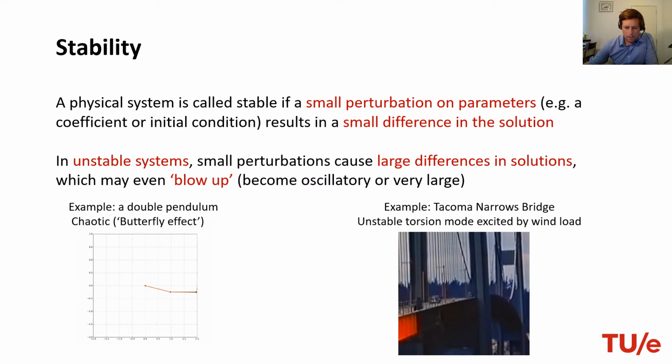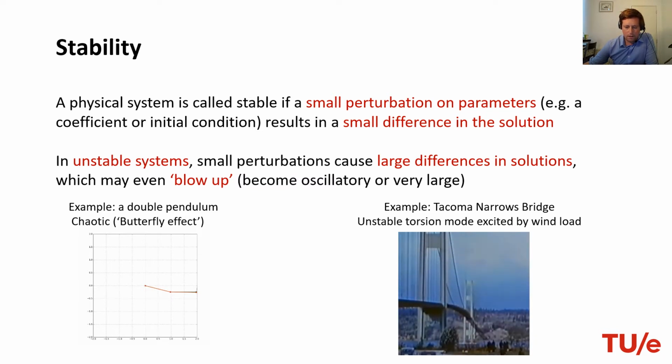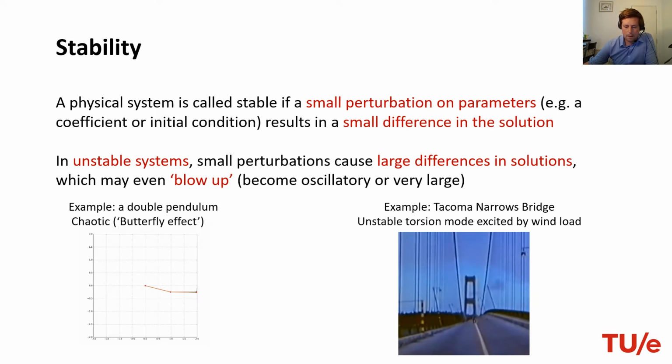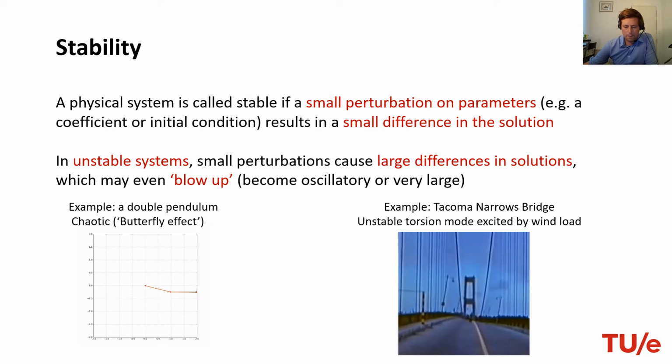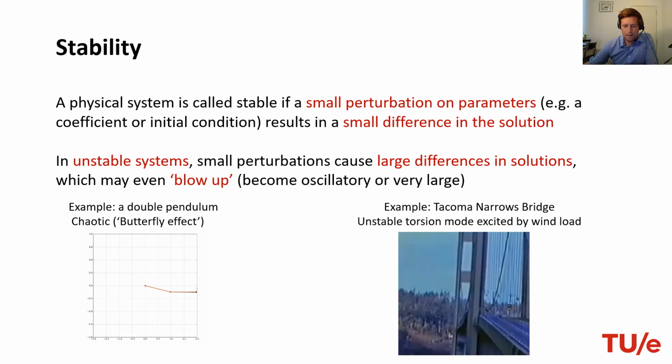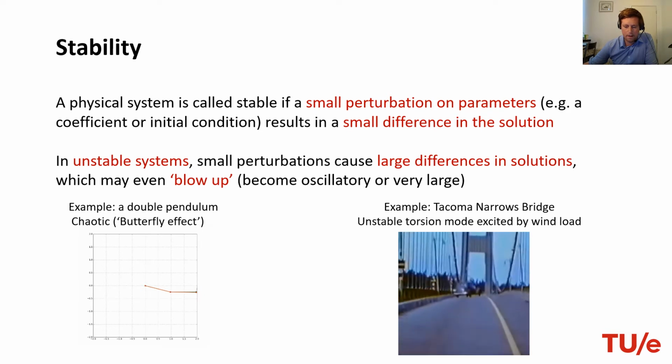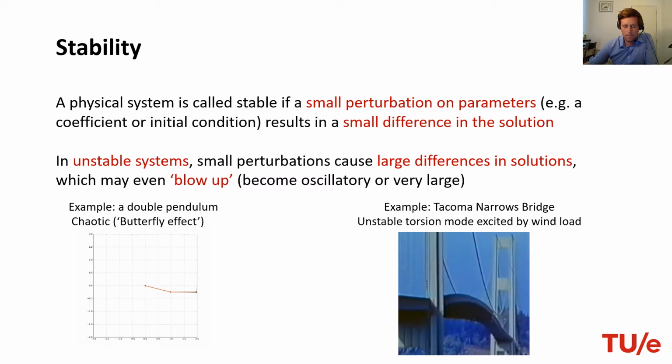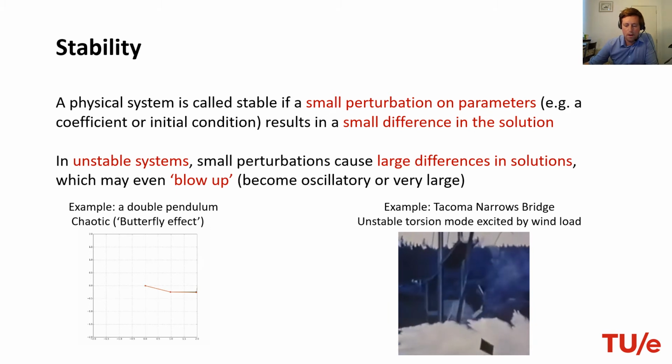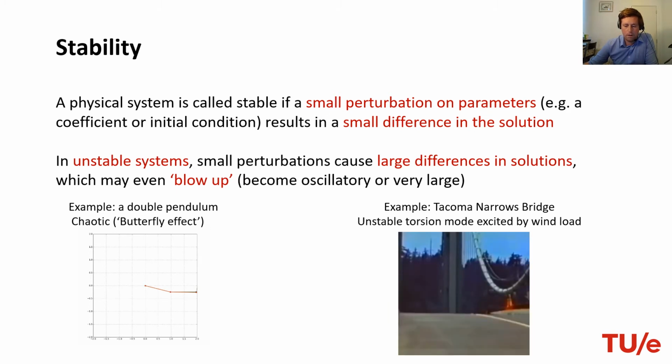However, these oscillations start increasing in magnitude. At this point, we can clearly call this an unstable system, as these oscillations keep on increasing and will eventually lead to the full collapse of the bridge. So this torsion mode gets excited more and more until the bridge collapses. That's also an example of an unstable system, which is highly undesirable, of course.